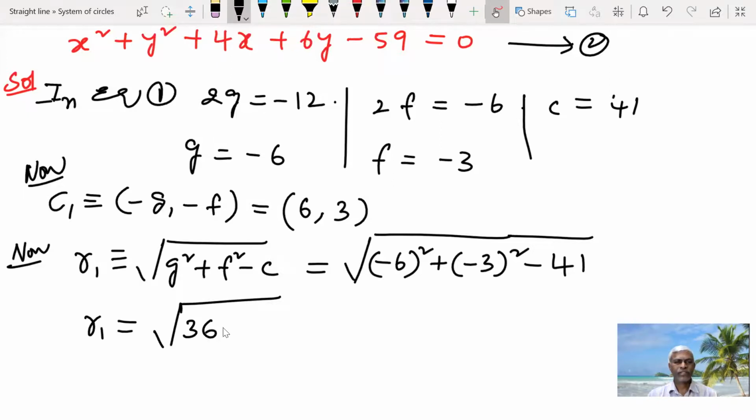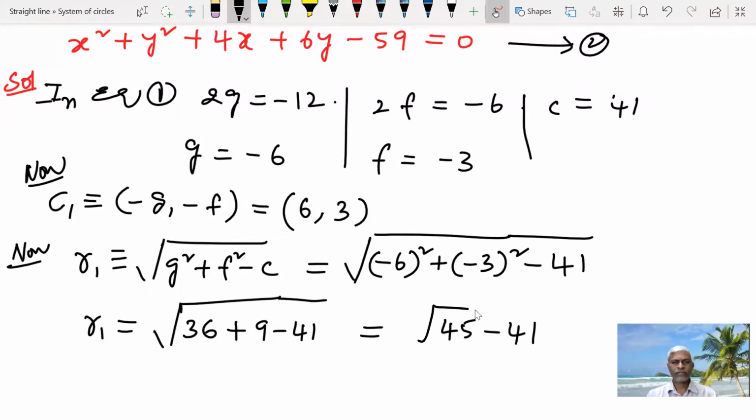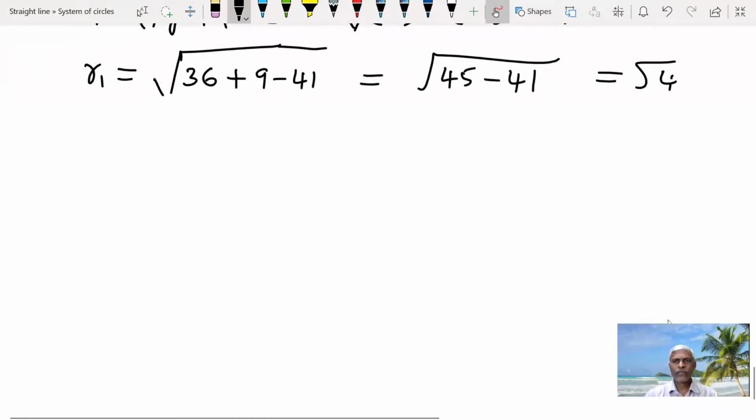So 6 square is 36, 3 square is 9, 41. 36 plus 9 is 45, minus 41, that is root 4. Root 4 is 2. Therefore R1 value is 2.